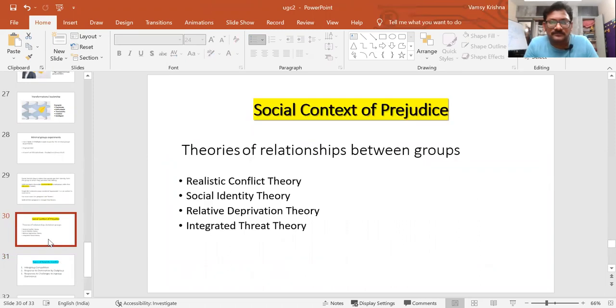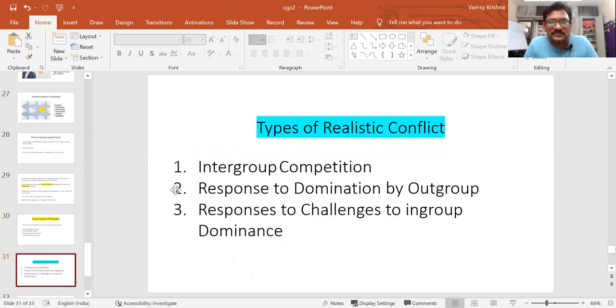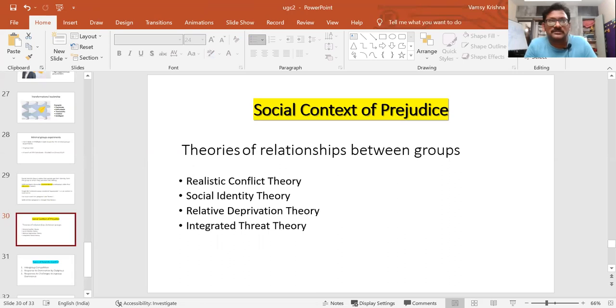realistic conflict theory. So if you see the social context of prejudice, we have different theories which explain the relationships between the groups. So let us today understand the realistic conflict theory. So what is exactly the realistic conflict theory?